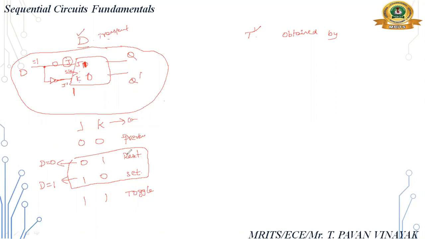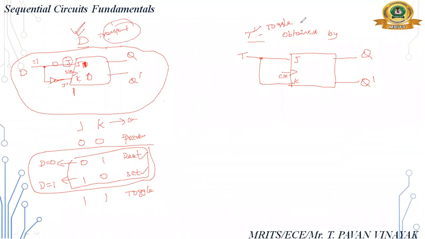So we have only these two states, reset and set, in the D flip flop.